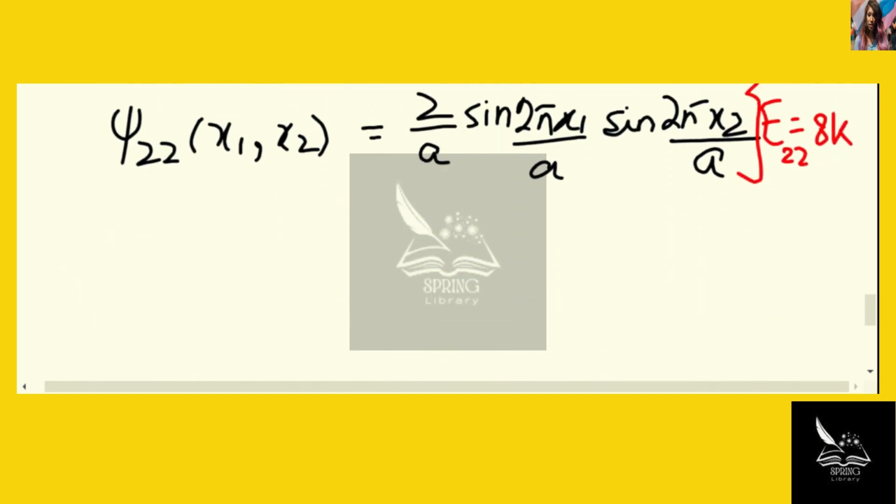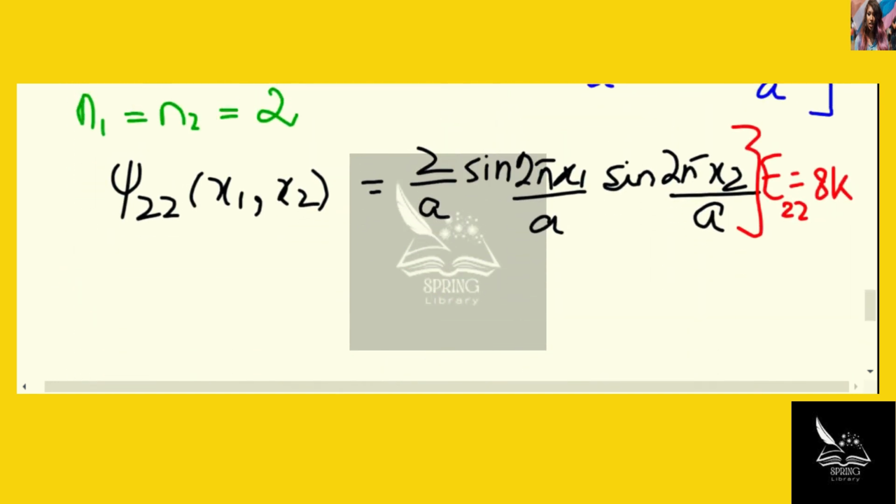So next, similarly, we're going to use the same values for the states when n1 is equal to 1 and n2 is equal to 3, right? That would be non-degenerate, right? So we just plug them in the wave function equation.